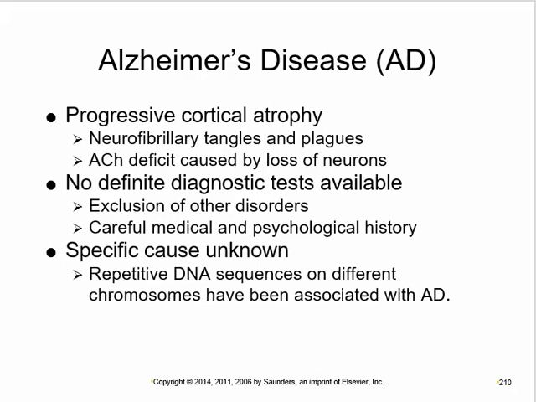So we have this atrophy of the neurons in the cortex, and then we lose acetylcholine. But it's these plaques that seem to be causative. No definitive tests, and no specific cause.